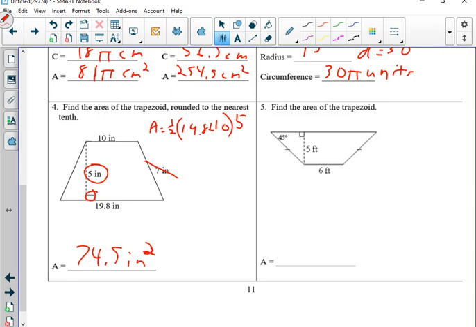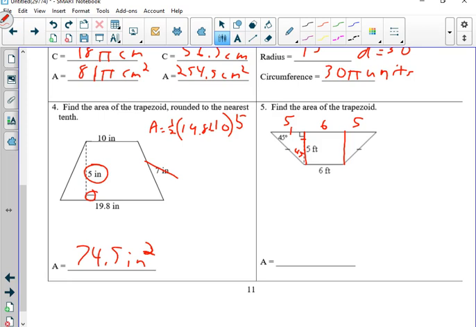This one's a little trickier because you know this is 6 feet, so that makes this 6 feet. So we have a 45, 45, 90. If this is 5, then this has to be 5 also, which makes this 5, because the legs are congruent.